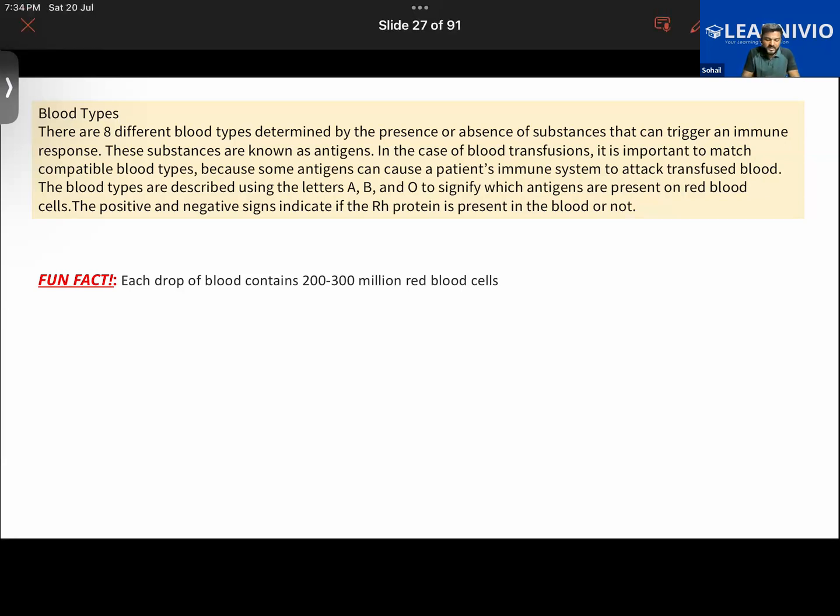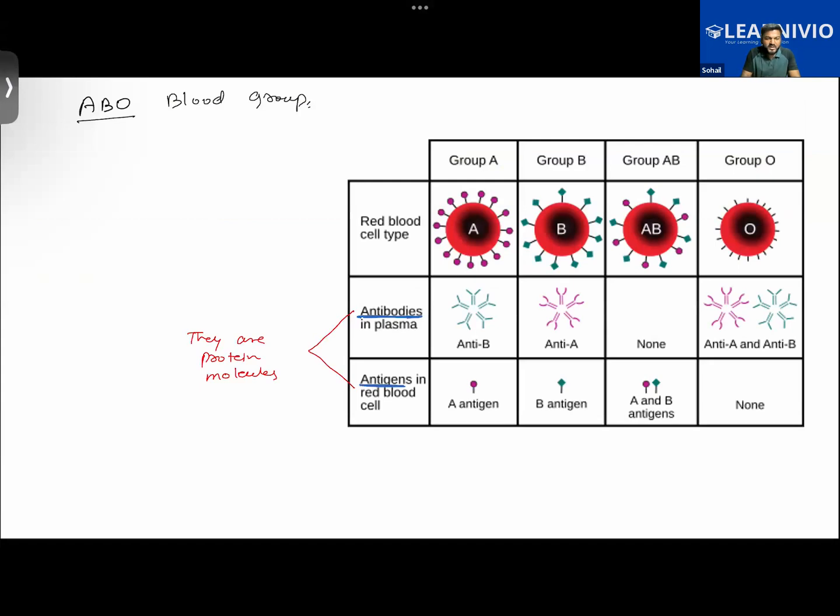Another thing is that each drop of blood would contain about 200 to 300 million red blood cells. So you can imagine how many red blood cells are there in just a drop of blood. Getting it now? Then we did also learn about how blood groups are determined. Blood groups are determined on the basis of the proteins found on the red blood cells and the antibodies found in the plasma.